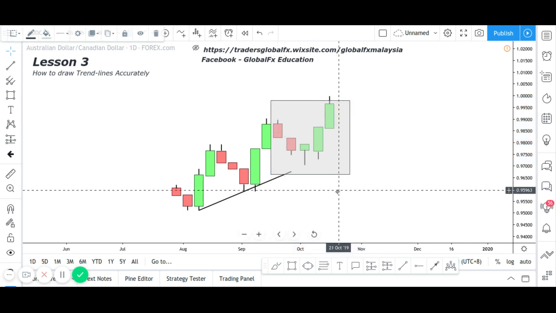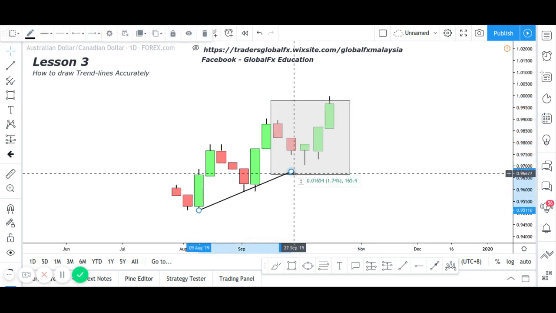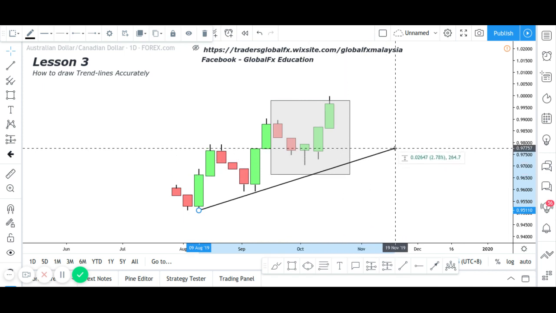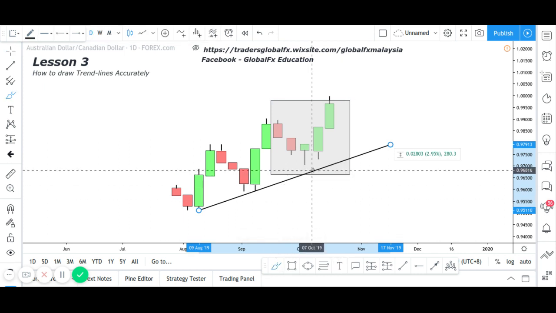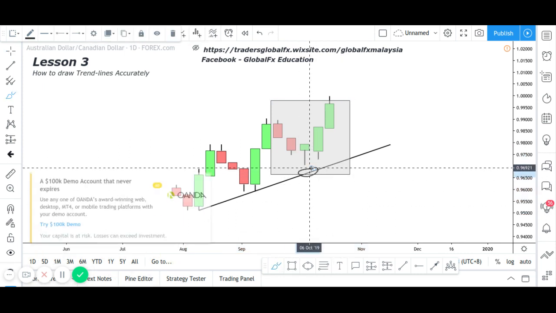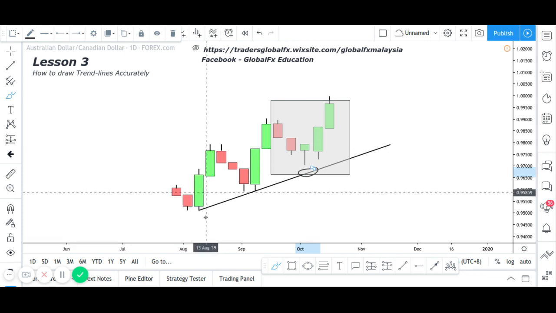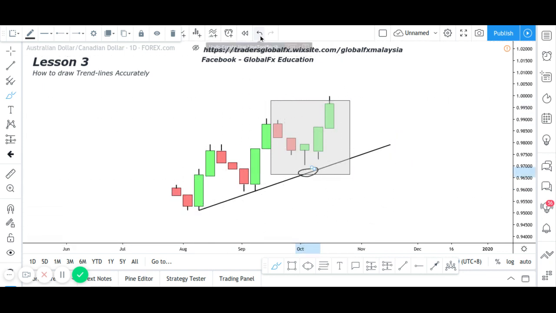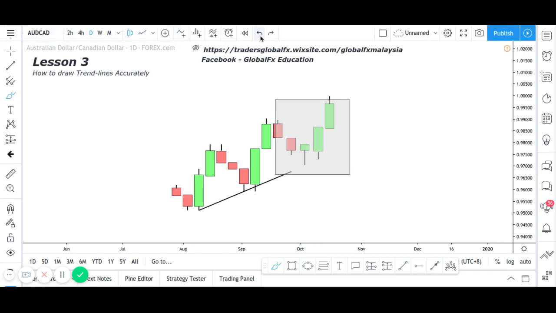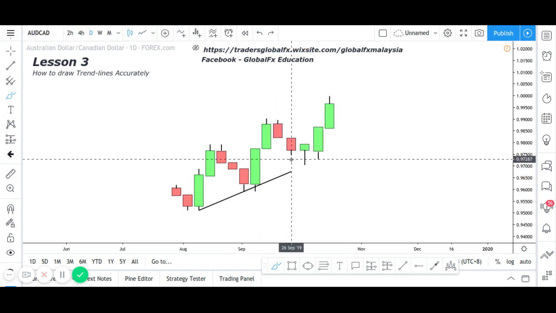What we expect from the market, if we had drawn our trend line like this and waited for the market in this zone over here, is that we would never have got into the market because the market never touched our trend line, so we would have missed the trade.